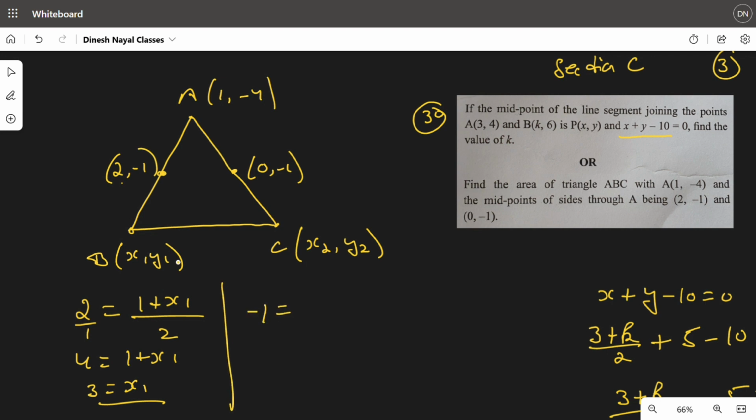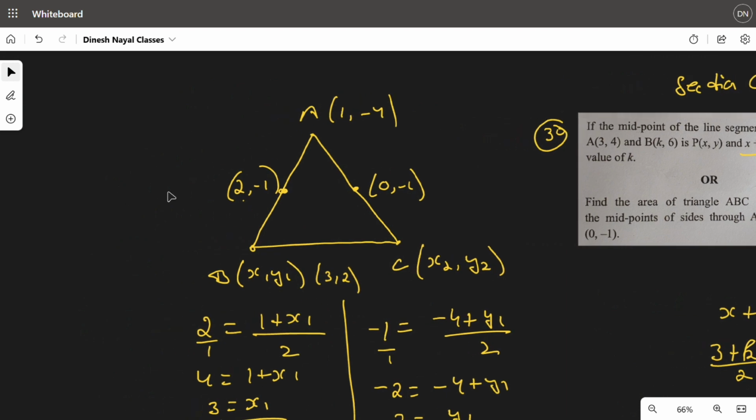So minus 1 equals (minus 4 plus y1) by 2. You cross multiply, so this is minus 2 equals minus 4 plus y1. You take minus 4 to that side, that will be positive. Minus 2 plus 4, that will be 2 equals y1. So x1, y1 is (3, 2). So the coordinates of B is (3, 2). I'm writing it over here.